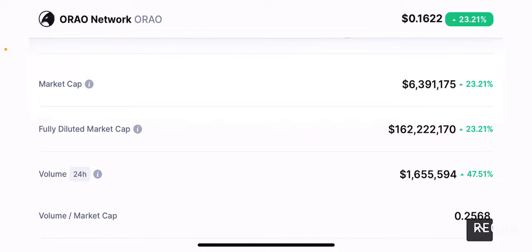Any low market cap token that you purchase before they hit the big exchanges, you will at least make a minimum of 50 to 100x easily, right? So one of the potential tokens that has a potential to pump 50 to 100x is ORAO, and you can basically see based on its market cap, $6.3 million, it's poised to pump pretty soon, right?